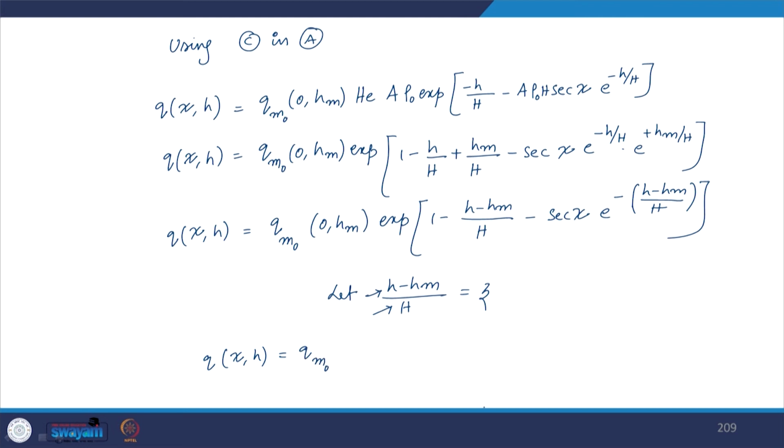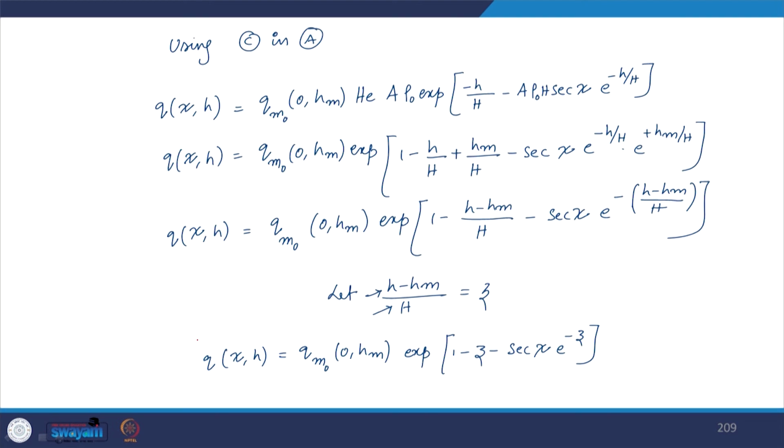What is Qm0? Qm0 is the peak production which happens at noon, when chi is 0, and Hm, times exponential 1 minus Z minus secant chi e to the power of minus Z. So this is the expression that we want to derive.